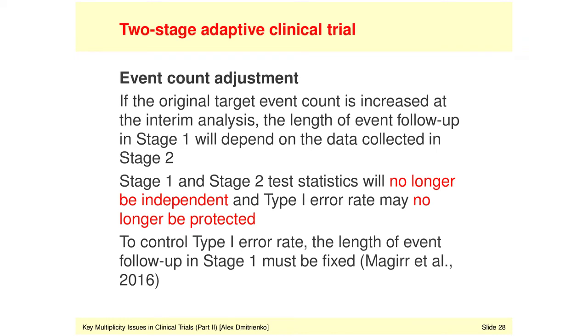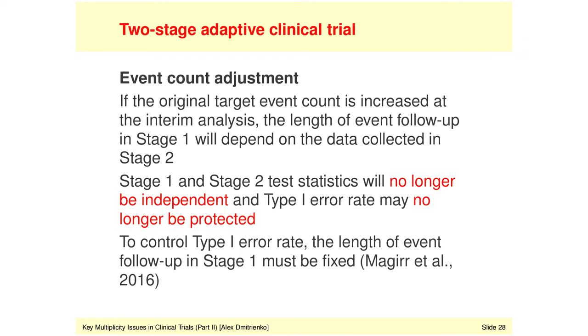There is a nice paper that discusses important considerations related to this issue. And what I would like to add here is that the maximum length of event and patient follow-up does not have to be fixed at the beginning of the study.